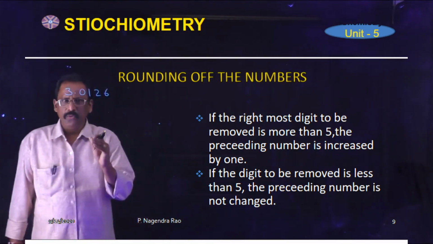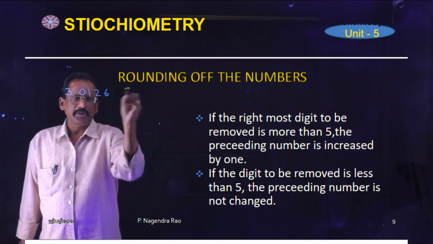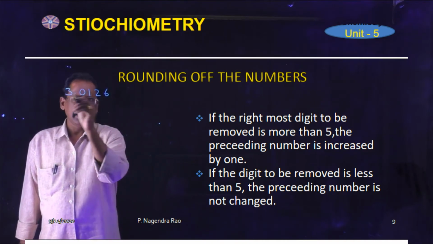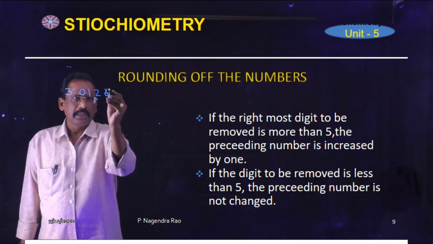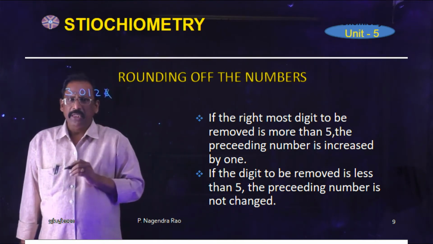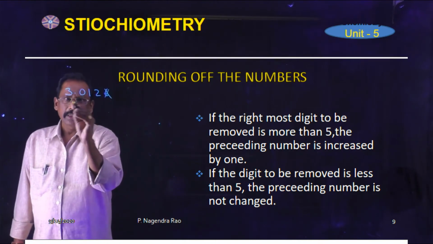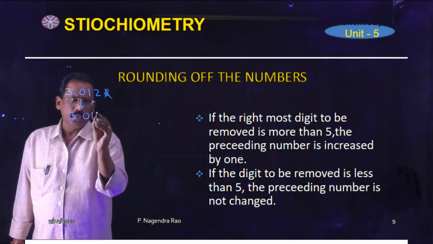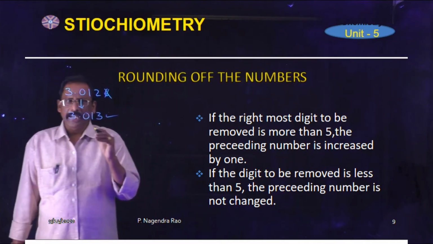If you want to remove the last number, that means 6, to round off this significant number value, it is more than 5. That's why one is added to the preceding number. So the answer becomes 3.013 because the last digit is more than 5.